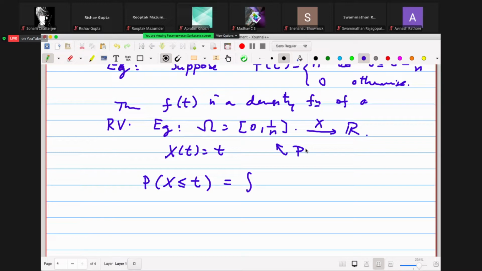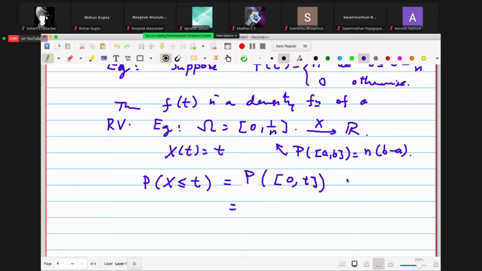The probability of an interval (a, b) is equal to n times (b minus a). All right, so this is what it is. Now the probability that X is less than or equal to t is the same thing as the probability of this set. This is a very trivial problem; I'm doing it just for the sake of clarity. What is this set? This is the same thing as 0 to t.